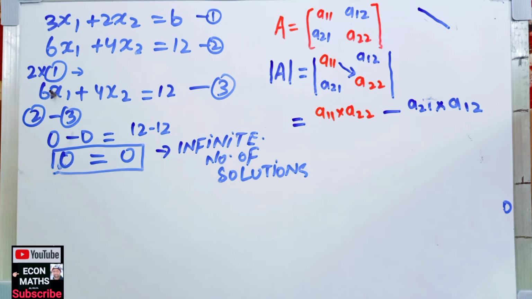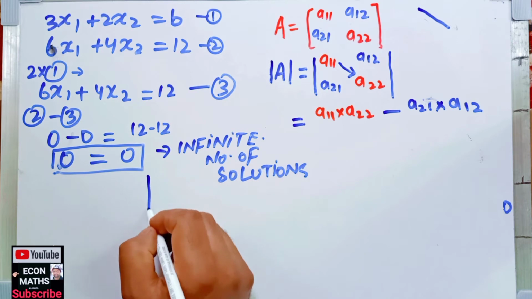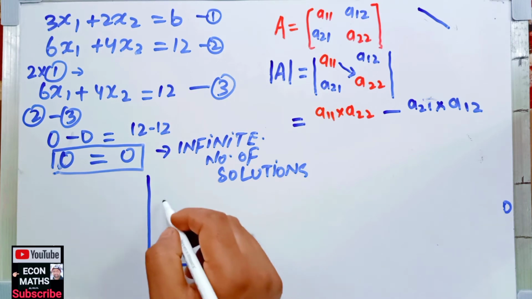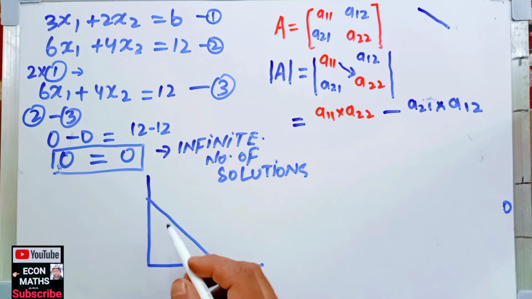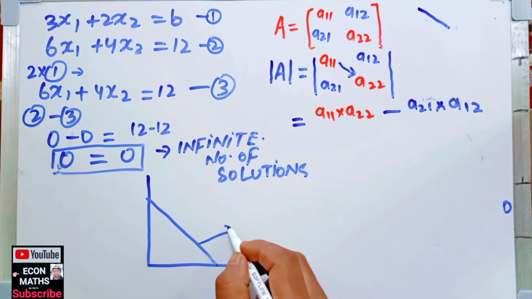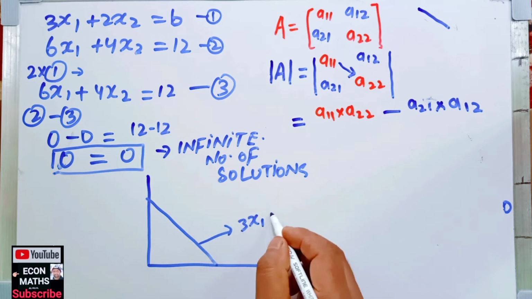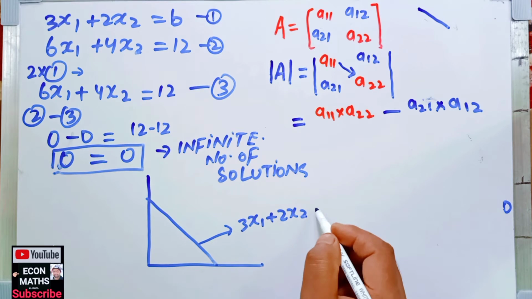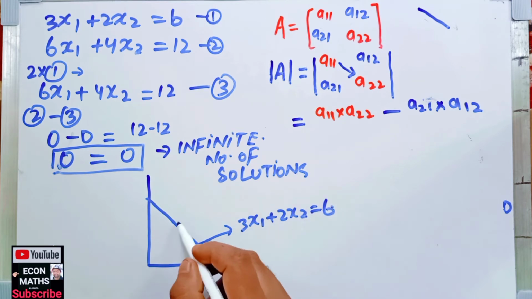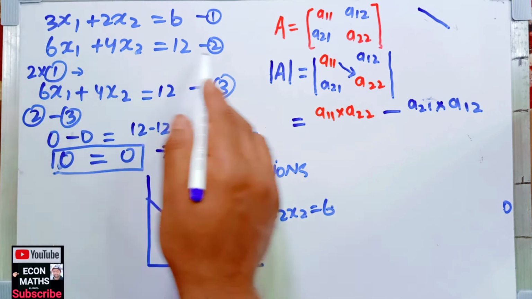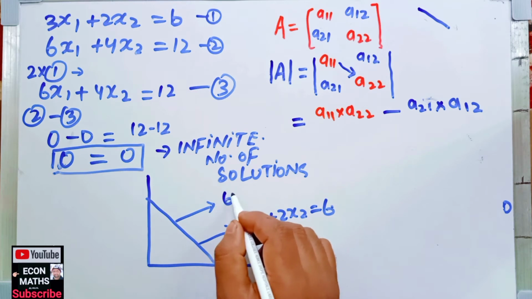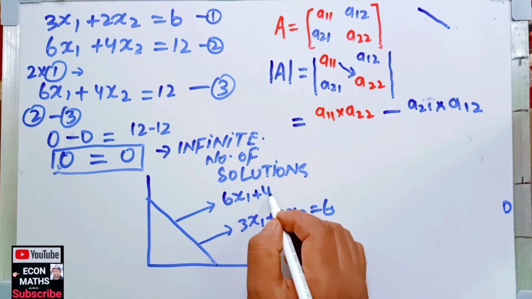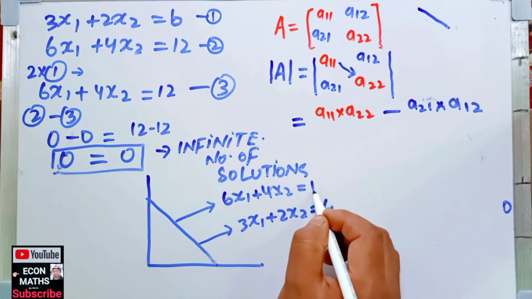Or if I depict this graphically, and if this is the line for the first equation, that is 3x1 plus 2x2 is equal to 6, this line is also for the second equation, that is 6x1 plus 4x2 is equal to 12.